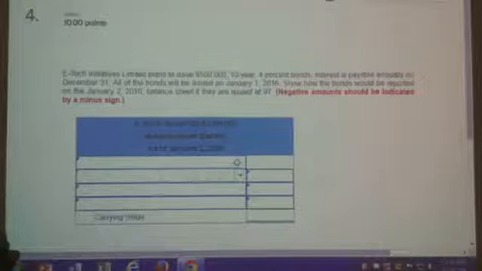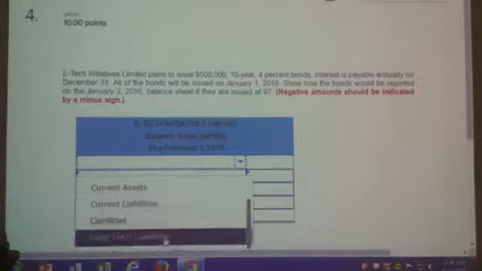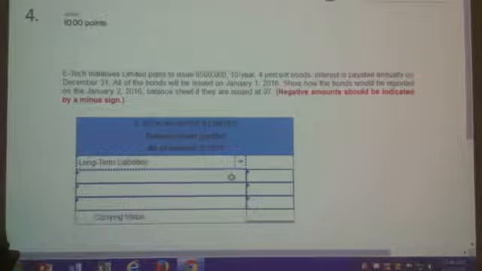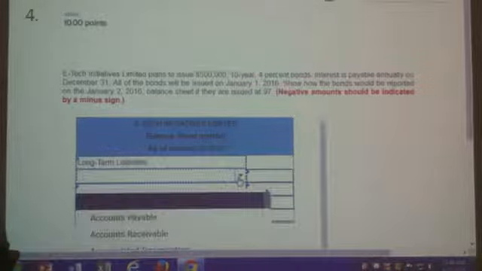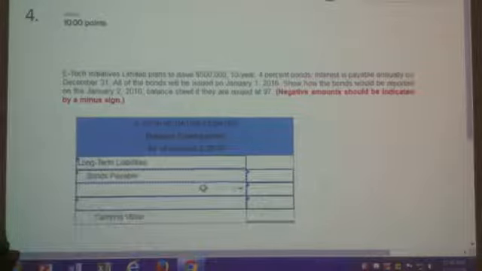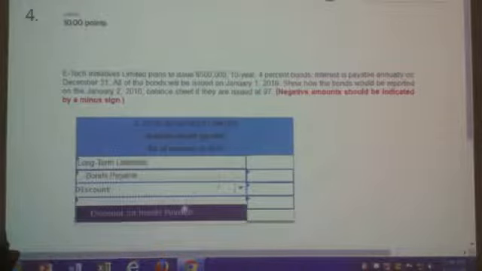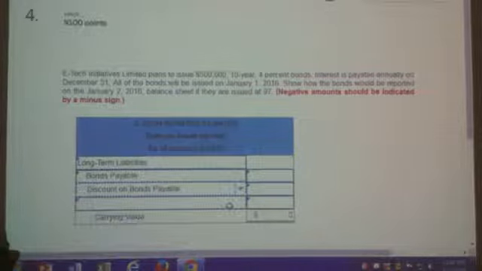So the bonds should be in the long-term liability section. We're going to be using our bonds payable. And because it was issued at 97, which is less than 100, this tells us that there was a discount on the bonds payable. So the bonds payable had a value of 500,000.